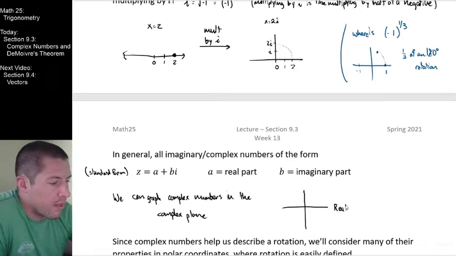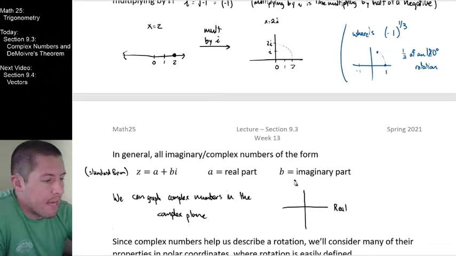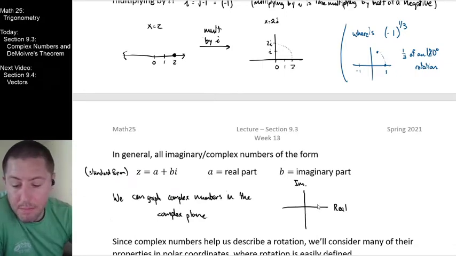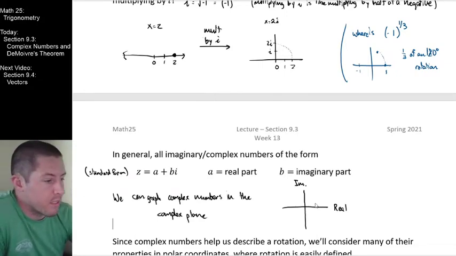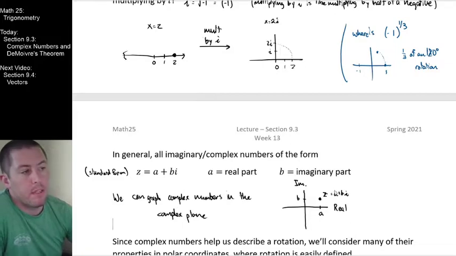So this is our real axis. This is our imaginary axis, or our complex axis. For example, if I wanted to graph this z equals a plus bi, then a is my real component, b is my imaginary component, and here is the single number z equals a plus bi, graphing its real part and its imaginary part.